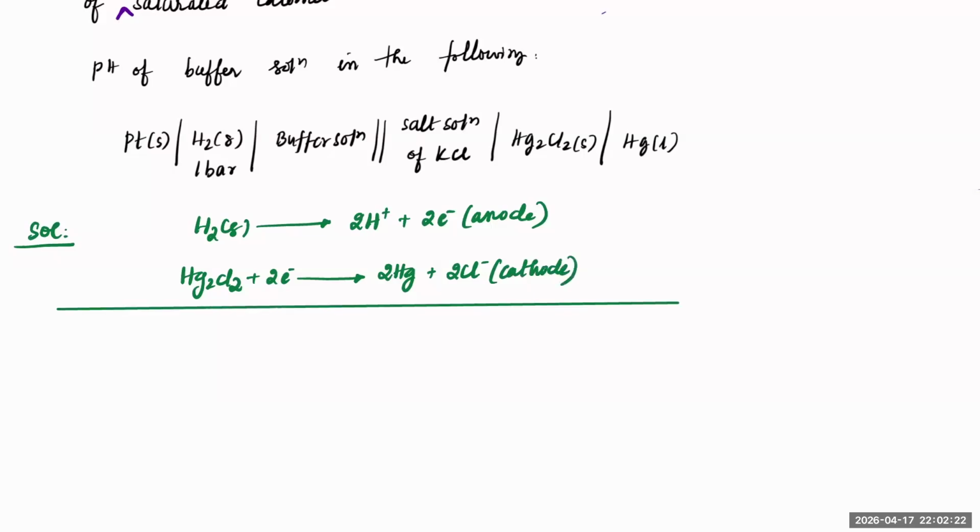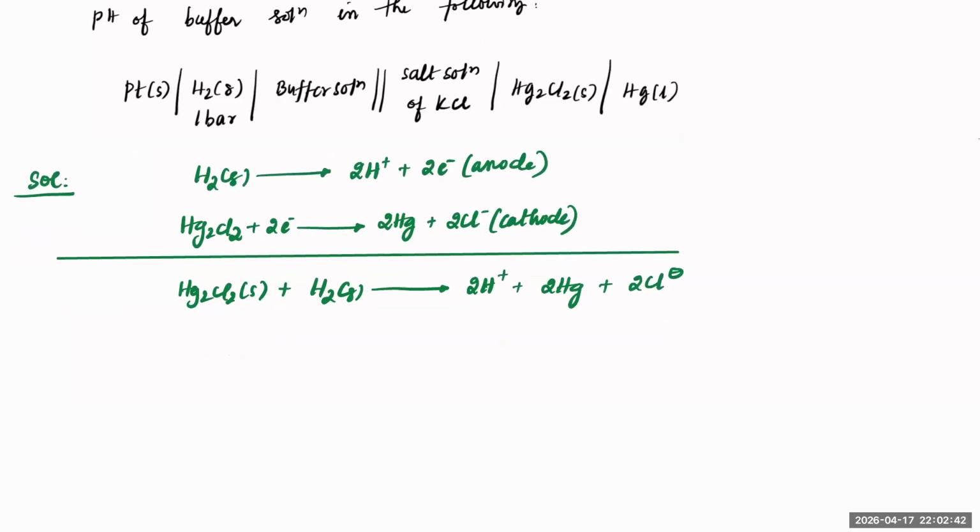If I add both of them, then I will get Hg2Cl2 solid plus H2 gas, giving us 2H plus, 2Hg plus 2Cl minus. So this is the overall reaction that you will get.